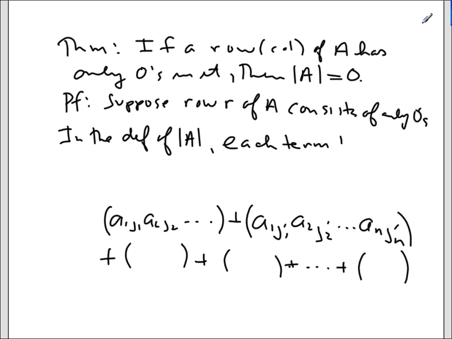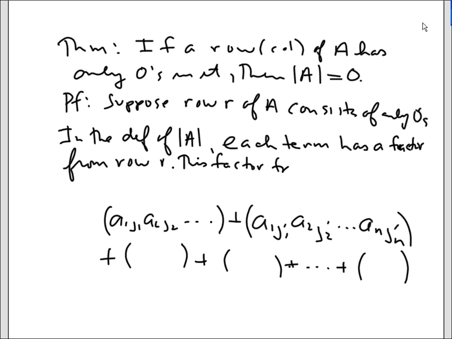Each term has a factor from row R. This factor from row R is always 0.